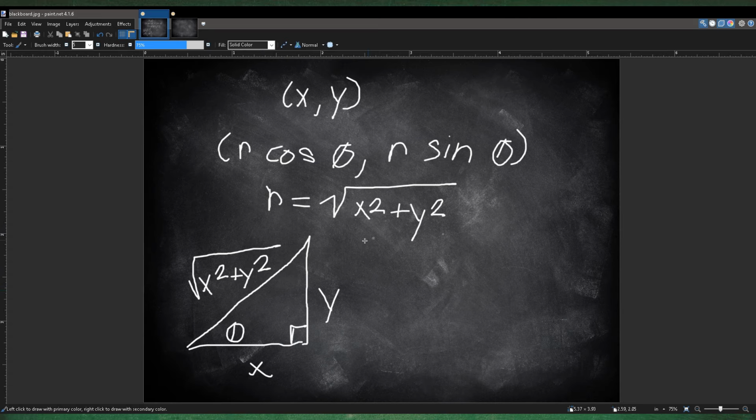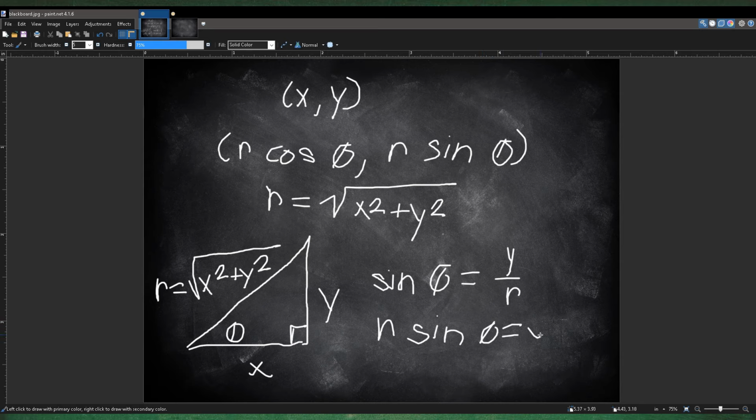So sine of theta is the same thing as saying y over r. Then y is the same thing as r sine of theta.